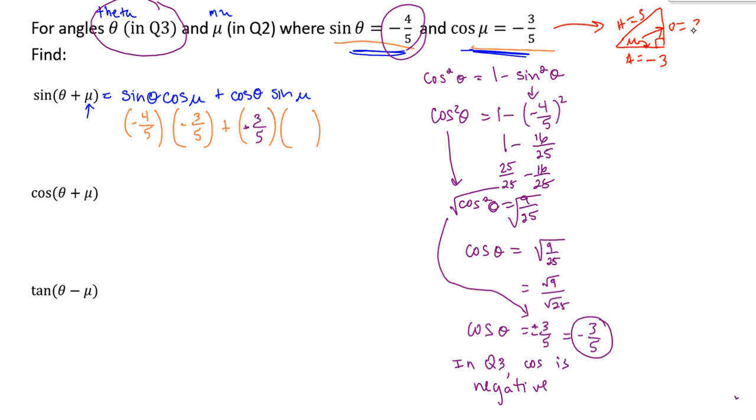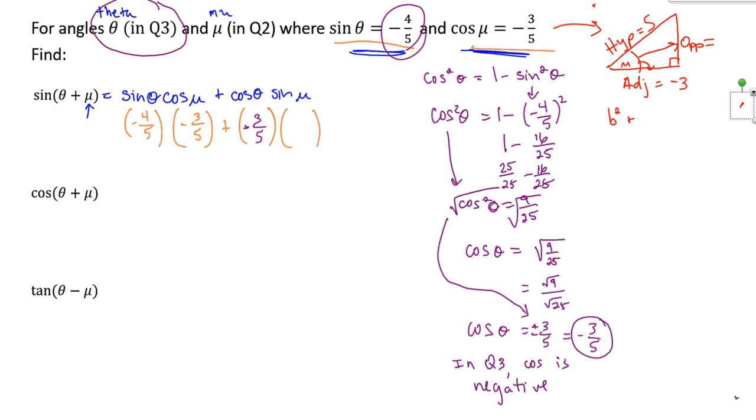Okay, so we're going to find the opposite using the Pythagorean theorem. So we've got, let's see. Okay, so we were going to find the opposite. We'll call that guy b. So we'll do a squared plus b squared equals c squared.